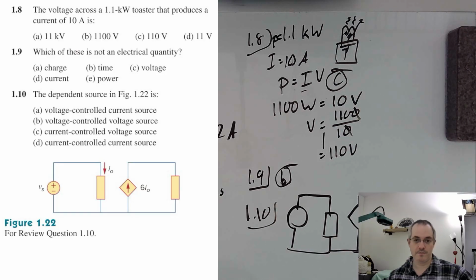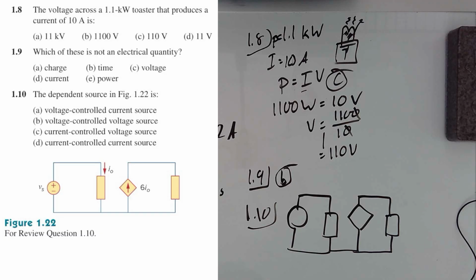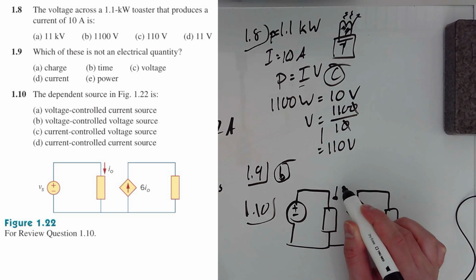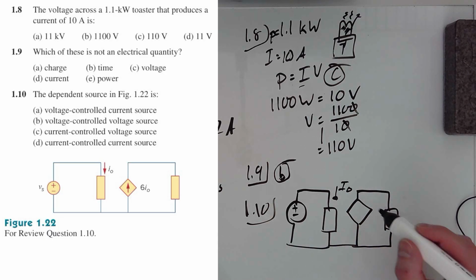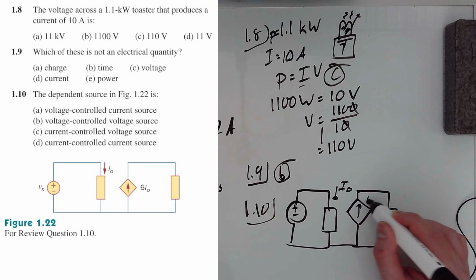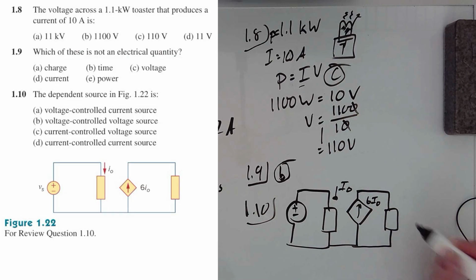So we've got a plus, minus, and an I0 here, with 6 I0. All right. So this is an independent source.